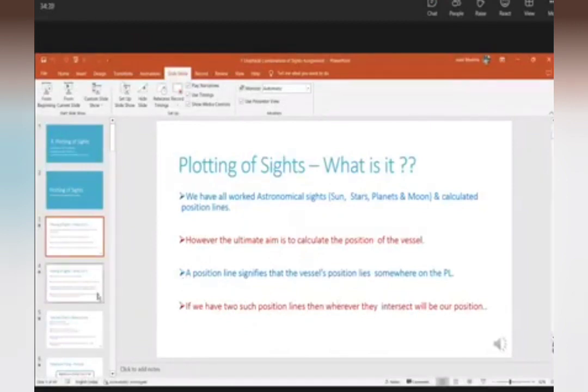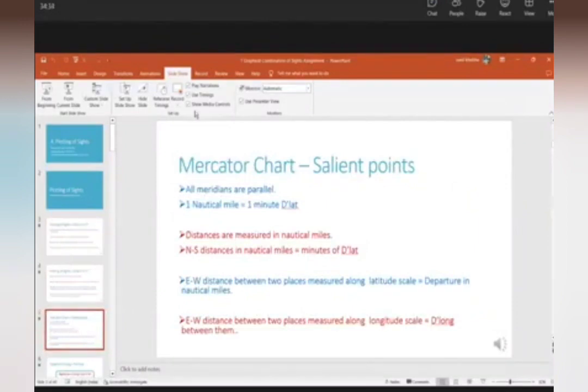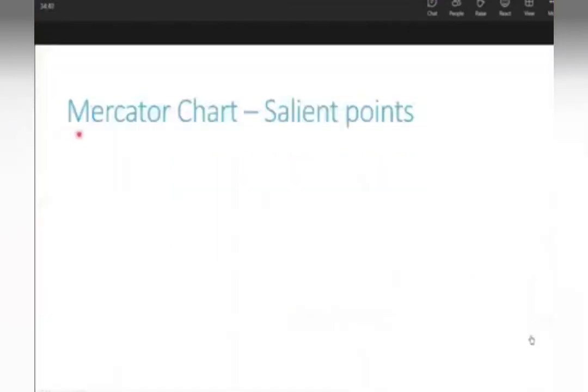Okay, beta. So moving ahead now. Before we go into the actual procedure of plotting, let us refresh some features of Mercator charts so that we are clear about how to make a small portion of this chart on our answer sheet.